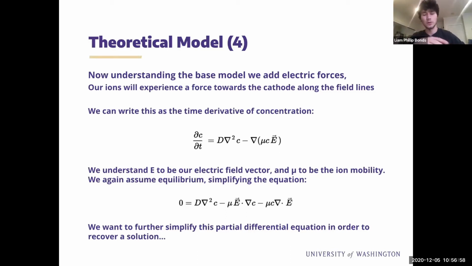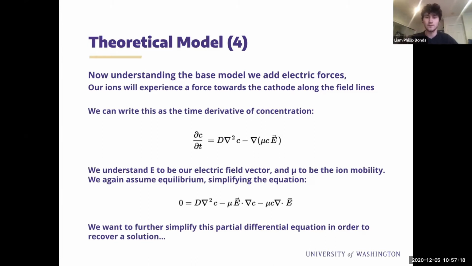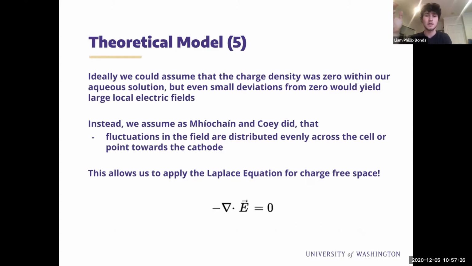And again, we assume equilibrium, which is not a very great assumption, but it vastly simplifies our equation. It becomes homogeneous. We need to further simplify this if we want a numerical situation that we can actually model. Because you have the nabla dot E here, which is analogous to your Laplace, if we could assume the charge density was 0, that would be ideal.